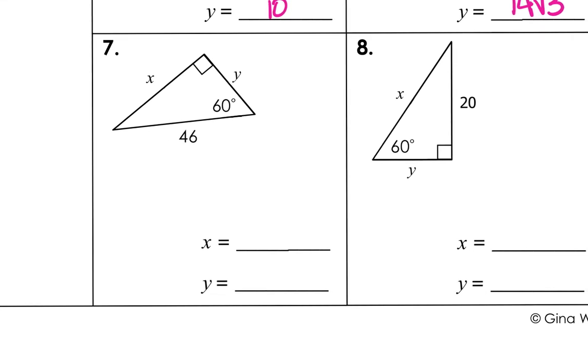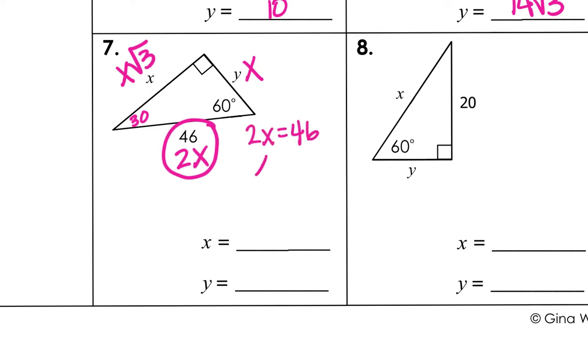So obviously I could give you any of the 3 sides, and you have to be able to go forward and backward. So starting with the smallest side, if this angle is 60, then I know this angle is 30. So this is x. Across from the 90 is 2x, and the other side is x square root of 3. Circling what I know. 2x is 46, so x is 23.